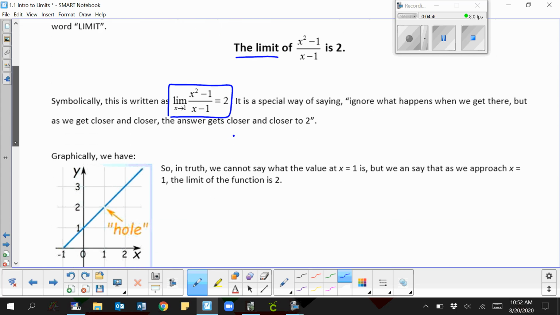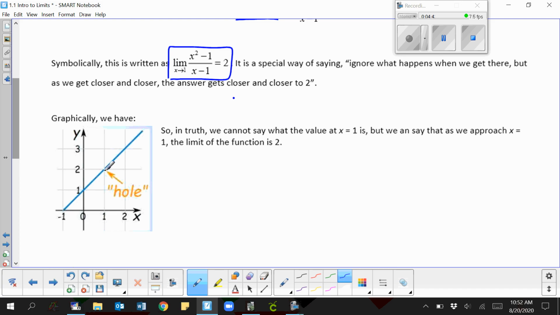If you're looking at it on a graph, it's when you have a hole in your graph right there. If you see right there, there's a little bitty hole. It's kind of hard to see. So at x equals 1, there's not actually a point on the graph, but our graph is getting closer and closer to the point that would be 2.